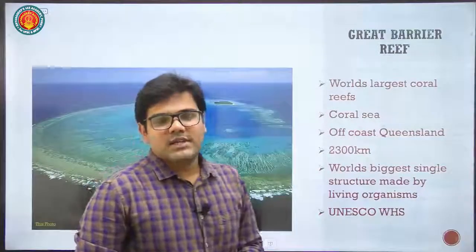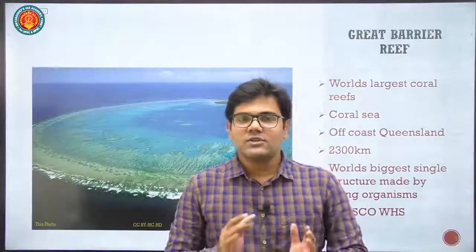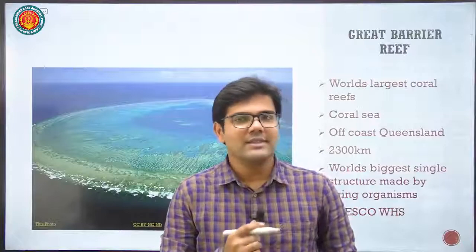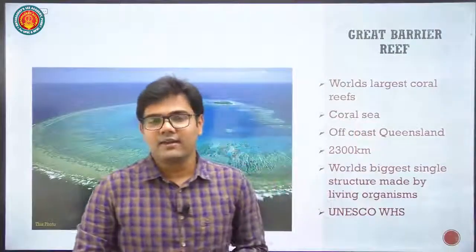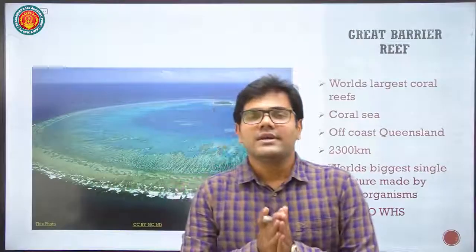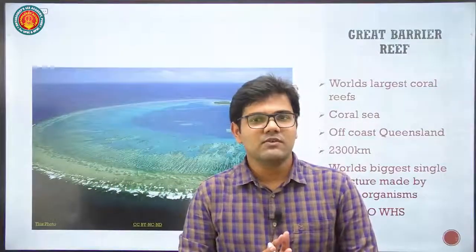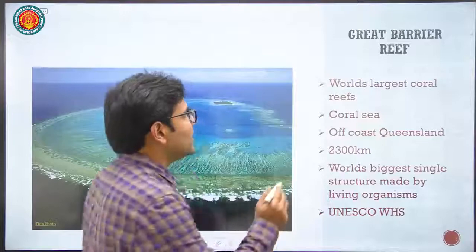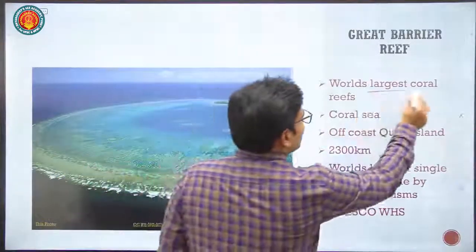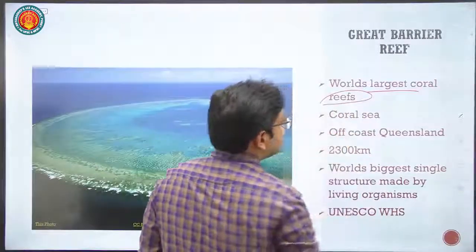Now the unique feature, the most important feature. When I say Australia, two pictures come into my mind. First is of the kangaroo and the second is of the Great Barrier Reef. So what is the Great Barrier Reef? It is the largest coral reef system in the world. It is the world's largest coral reef. Then its location.